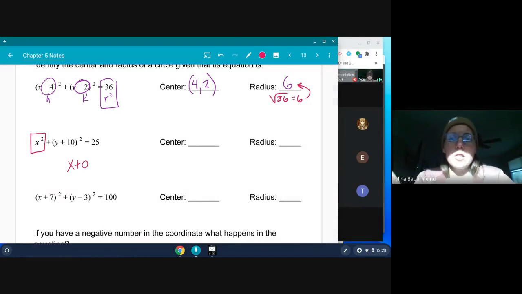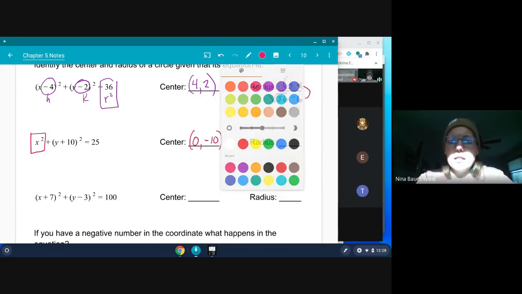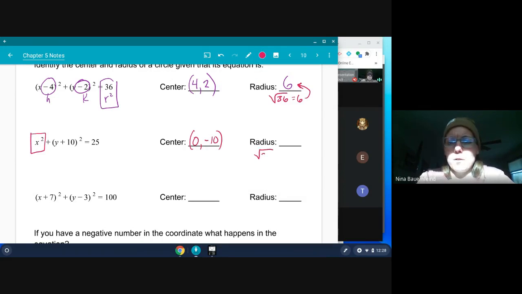So if there's nothing there like that, what you're going to do is assume it's 0, okay? And since this is a positive 10, that means in the coordinate, it's going to be a negative 10. And then to find the radius, we need to do the square root of 25, which is how much, folks?